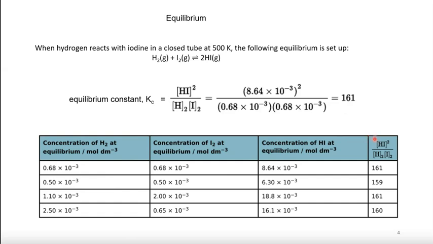But you see, the equilibrium constant is almost constant, and that's why it is called the equilibrium constant, for different concentrations of the reactants and products of the same reaction at a constant temperature.